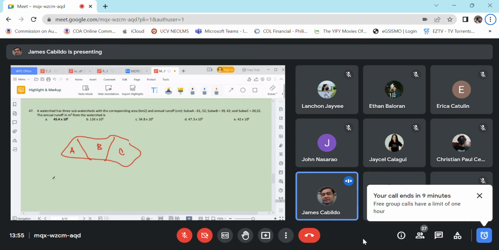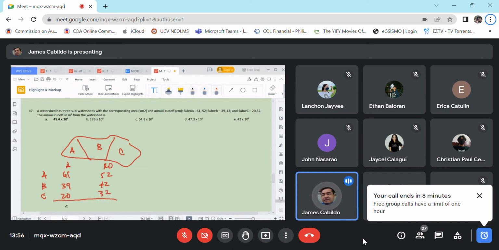Okay. So pwede natin gawin ganito, no? Sub-watershed A, B, C. So, area and then runoff. Ang area ng A ay 61. Ang runoff niya ay 52. Yung B ay 39. Ang runoff ay 42. And then 20, 32.